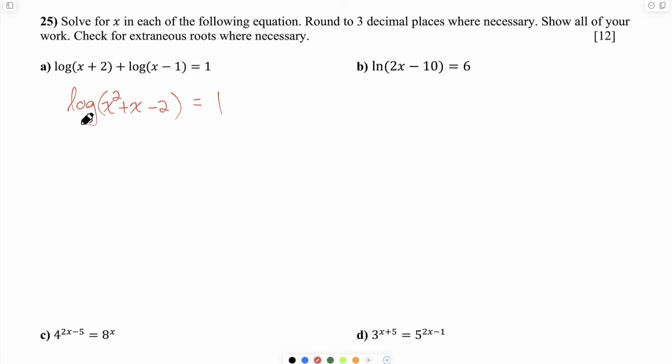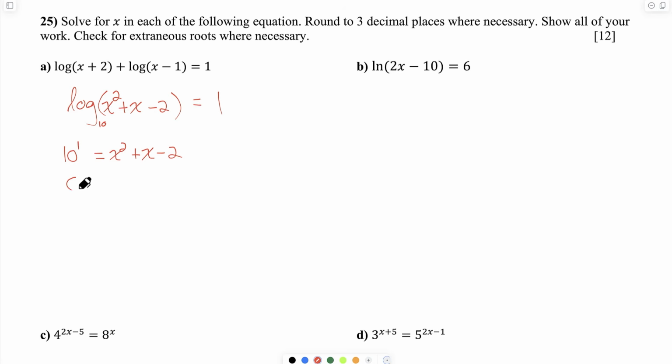Now that I have it in this format where I have a logarithm equal to a constant, I can change this to exponential form. Remember, the base of this common logarithm is 10 if you don't see it. So what does this mean? It means that 10 to the power of 1 is equal to the argument. So that's what I write. 10 to the power of 1 equals x squared plus x minus 2.